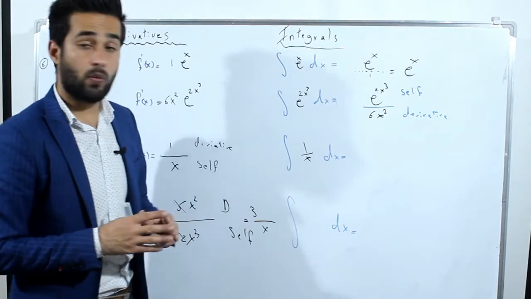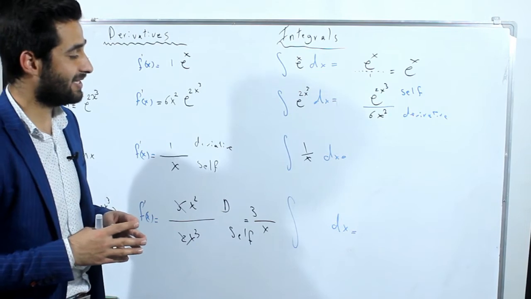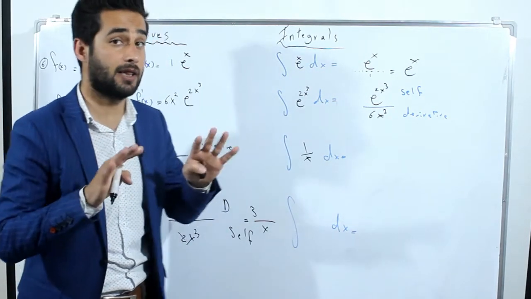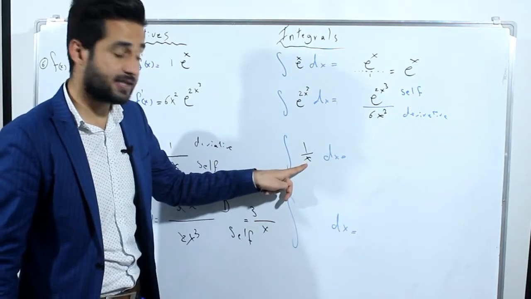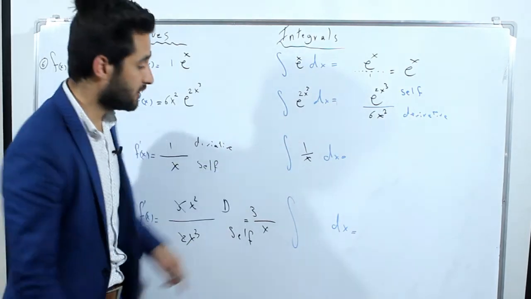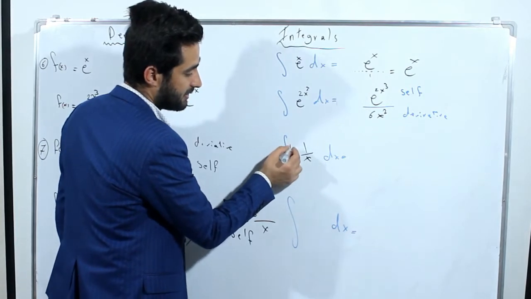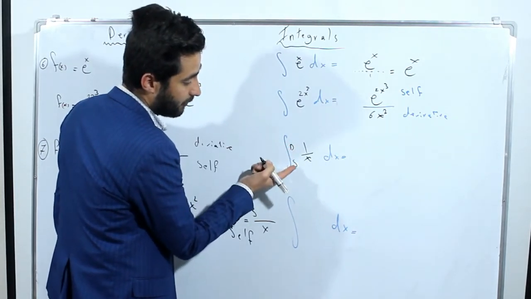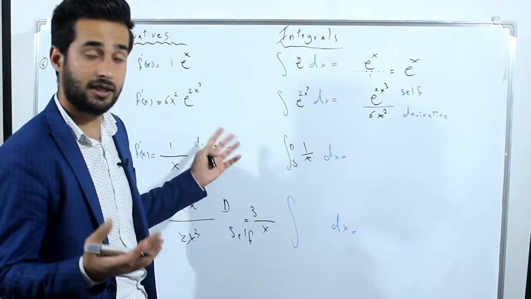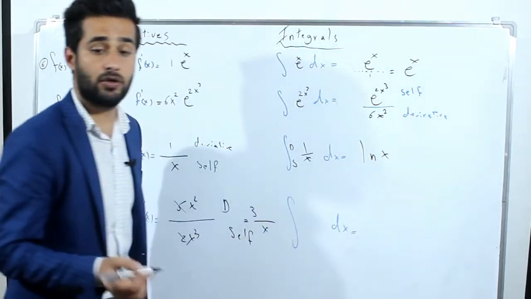So 1 over x, how can we find this? We can say this came from the derivative of which function? Look, this is the denominator, and the derivative of this we have up. So this is itself, and this is the derivative. So the derivative of the denominator is in the top. So this is the ln of x. This came from ln of x.